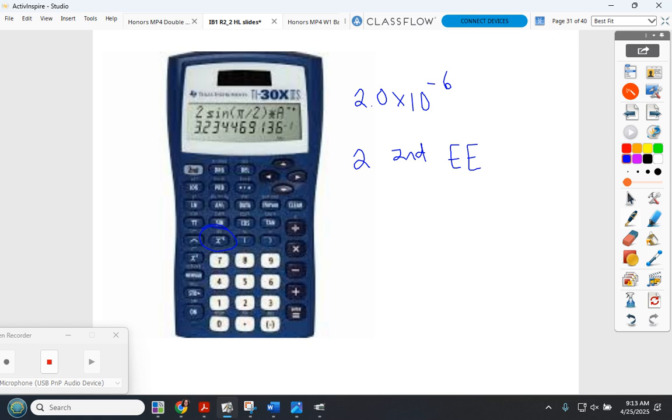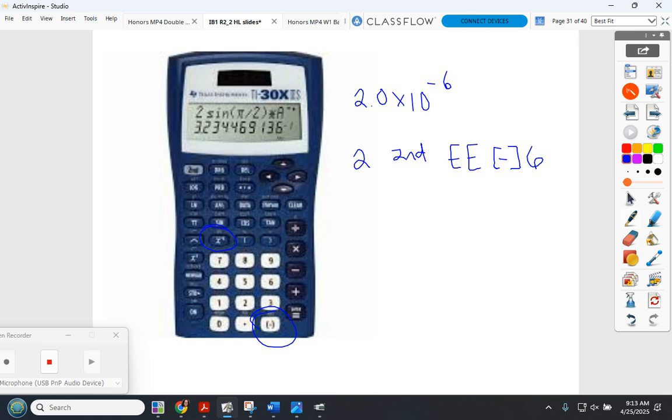You could do this 2.0; the 0.0 doesn't matter on the calculator, but second EE, and then you want the negative sign before the number. If you don't put the negative sign before the number, it messes it up. If it's a positive number, you don't need this.